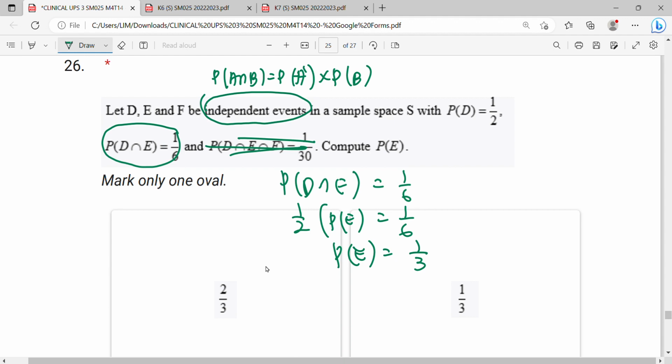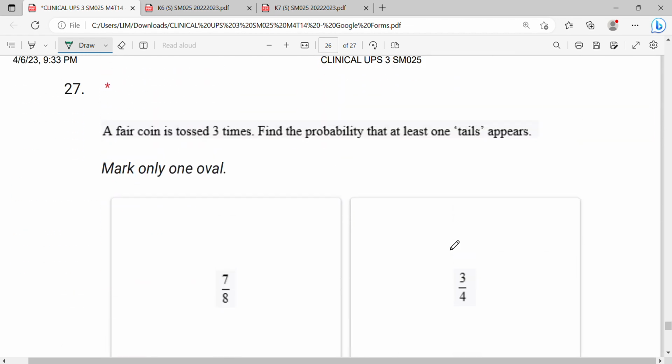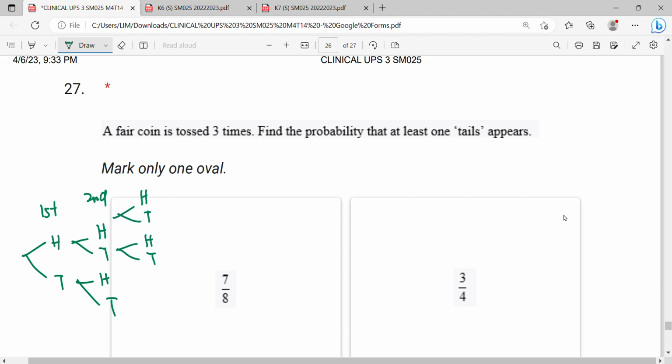Dah ke? A fair coin is tossed 3 times, so you want to find the probability that at least one tail appears. Okay, 3 times, so 3 diagrams. First time, head or tail. Second time, head or tail. Third time, head or tail.